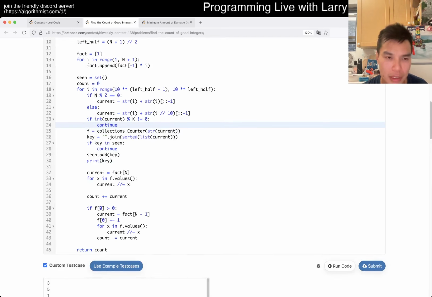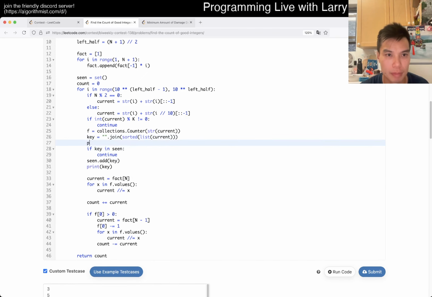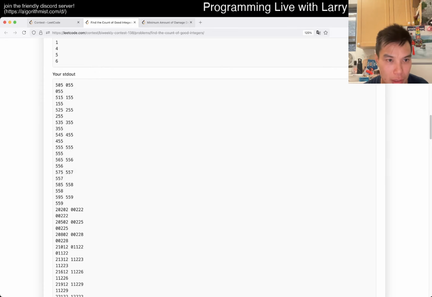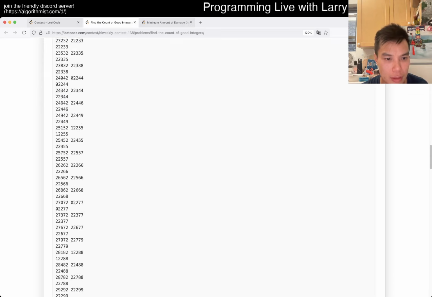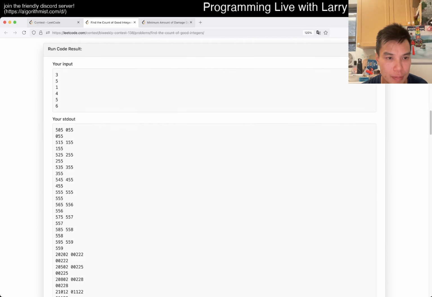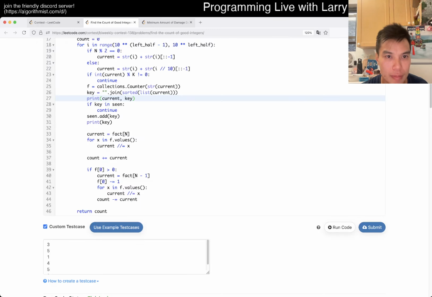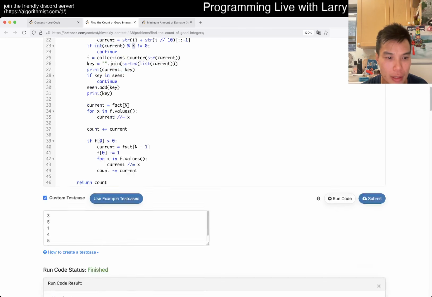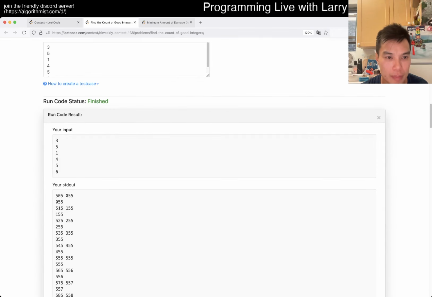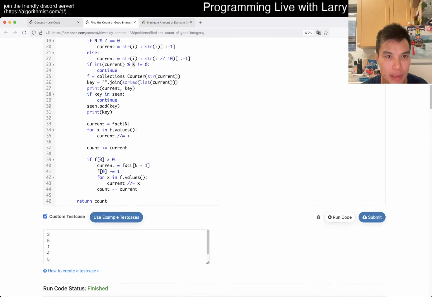That's actually not quite right though, is it? Print current key. Okay, so we have 50, but how, what? Oh, because of this thing. Are we not subtracting correctly?